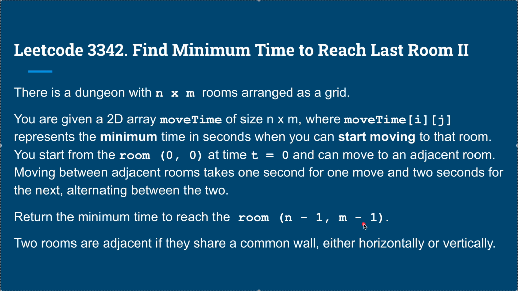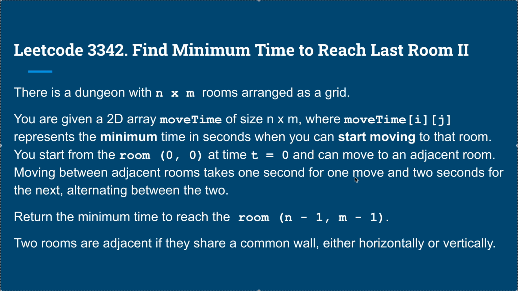So what is the problem intuition here? This is a variation of the Dijkstra algorithm with a twist: you have an alternating move cost of 1 and 2 seconds, and so on.